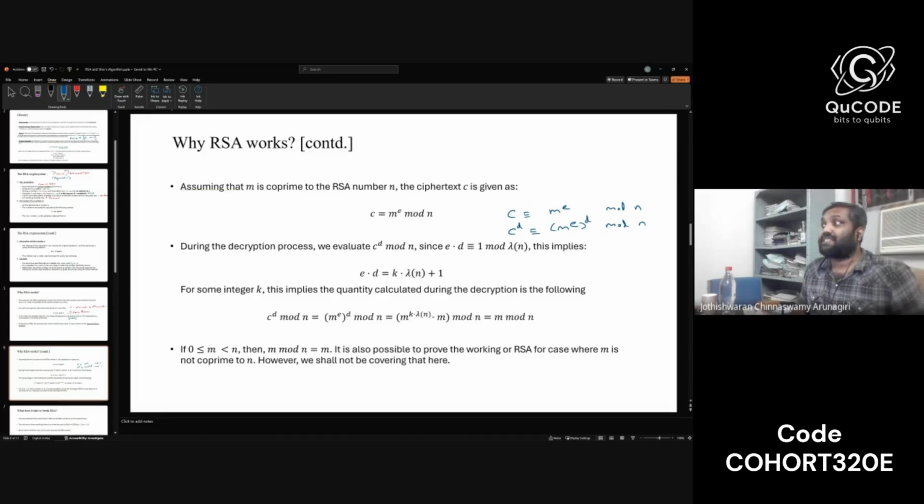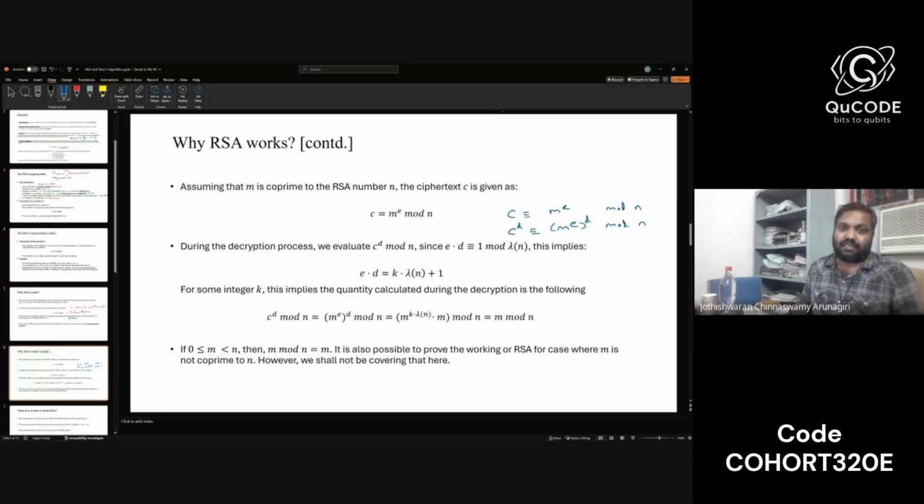So what we have is m to the power lambda of n. Or to be more precise, it is going to be some k times lambda of n plus 1. Now we know that any integer raised to this power, this quantity, is always going to be 1.